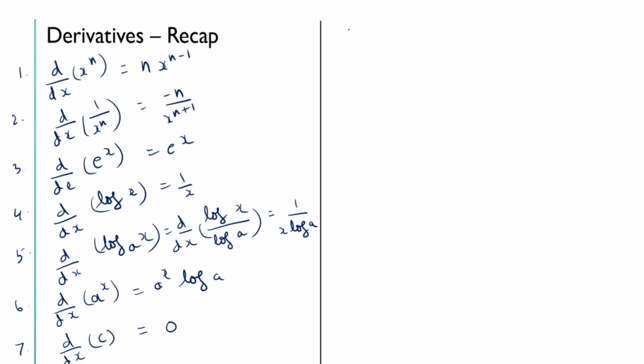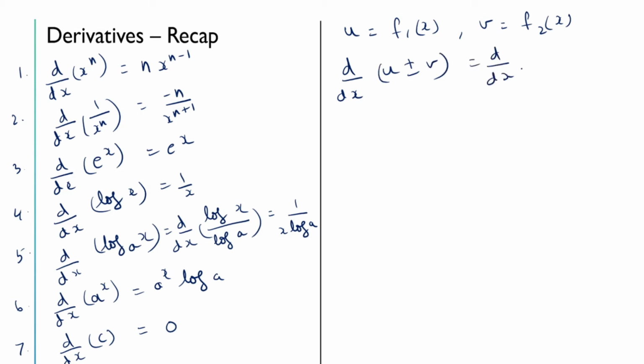Now let us take two functions u and v, where u and v are functions of x. Then d by dx of u plus or minus v is d by dx of u plus or minus d by dx of v.